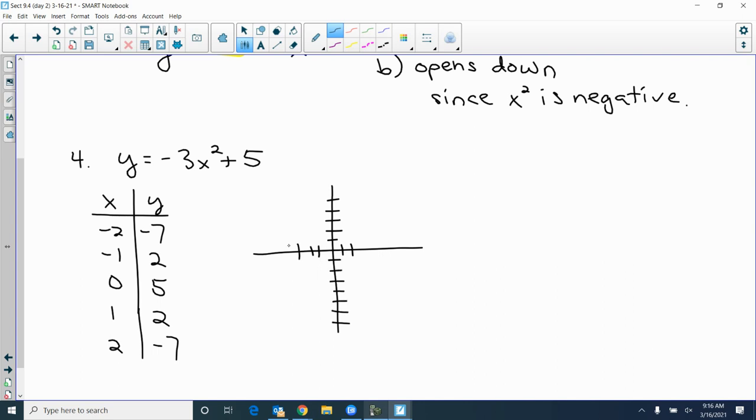And I'm gonna space this out: make that 1, make that 2, -1, -2. So -2, -7. Moving down here, -1, 2, 0, 5, 1, 2, and then 2, -7. Looks like that.